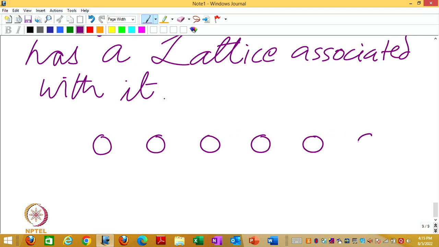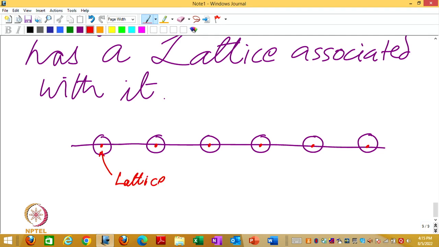So, if I have a 1D periodic arrangement of atoms, that is a one dimensional crystal, but suppose I select the centers of each atom. Then I get a periodic set of points. So, these points form a lattice and these atoms form the crystal.